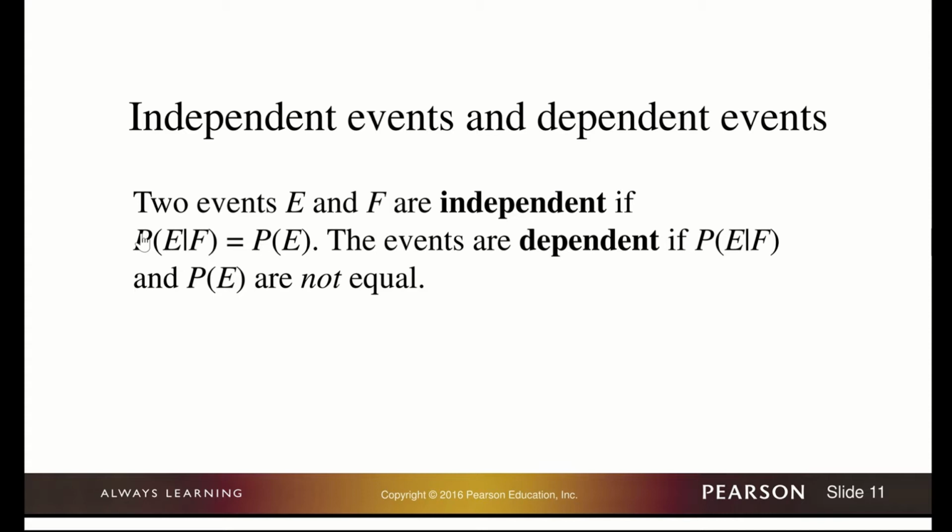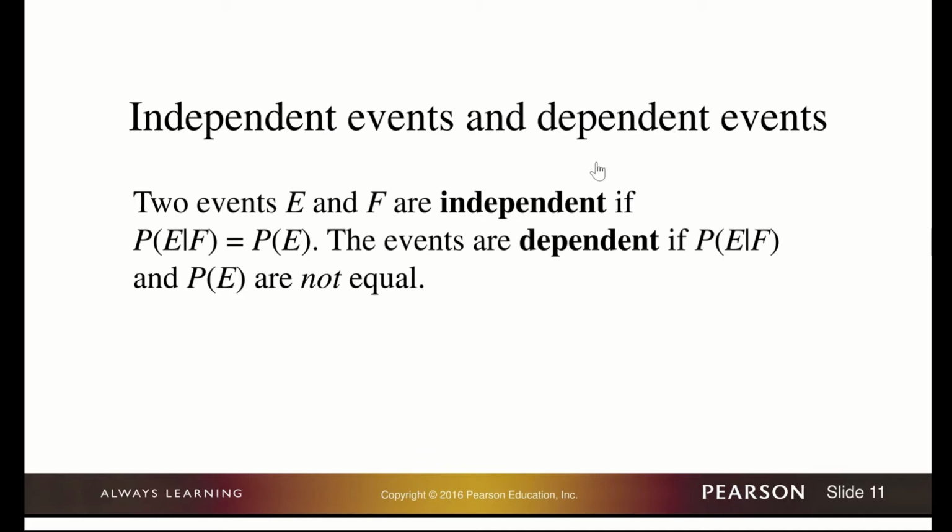Why? Because look at it. The probability of the outcome E, given that F has already occurred, doesn't change. It's the same as the probability of the outcome E. So that means F has no influence on E, right? So therefore, we say they are independent. Now, if these two are not equal, then F must have had some influence on the result of E. In that case, we say they are dependent.